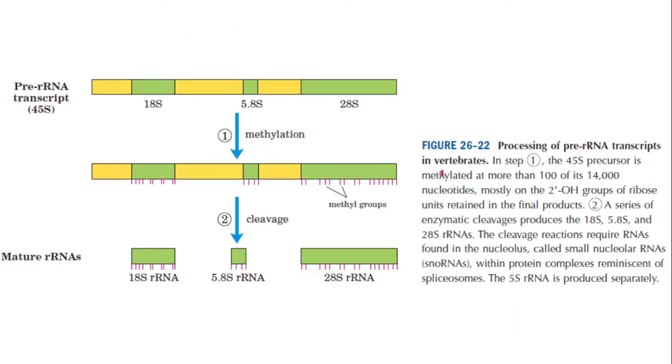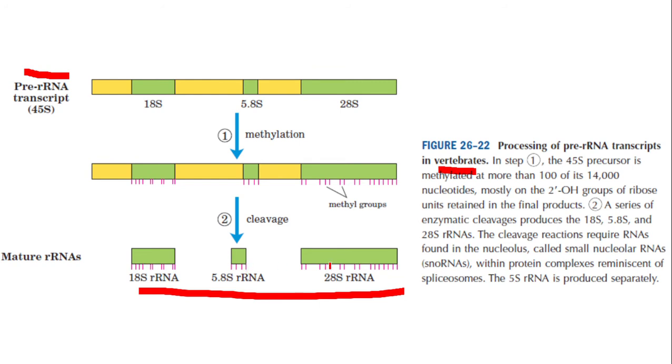This is in vertebrates. We have already seen this, how the different types of ribosomal RNAs are produced. They are produced in the form of a pre-rRNA transcript. These green regions represent the different ribosomal RNAs, and these yellow regions are removed, and the green ones remain.